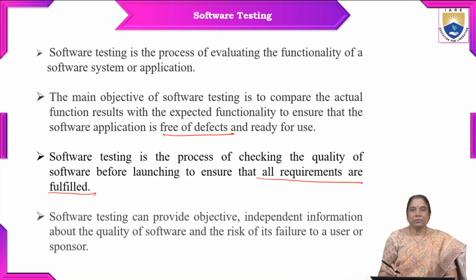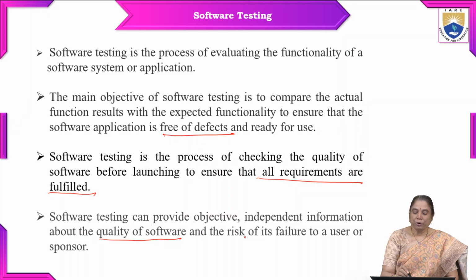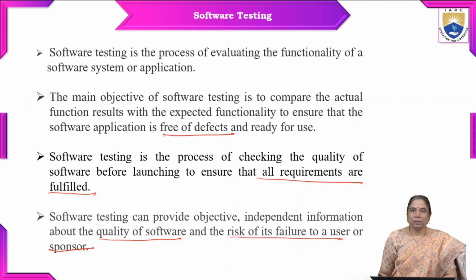Testing provides independent information about the quality of software, and it avoids the risk of its failure to a user or sponsor. So this process is called the software testing process.